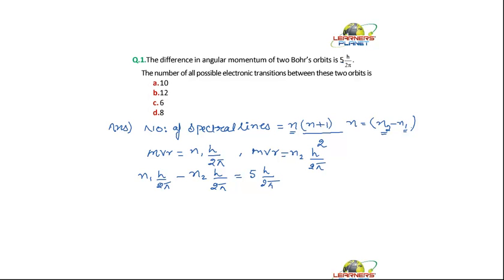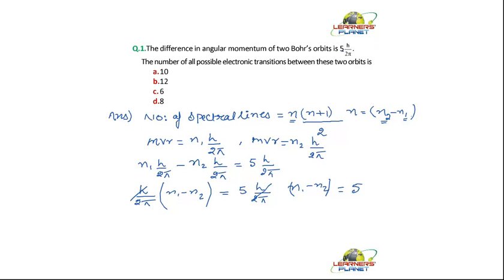Now what I can do is take h by 2 pi common here, put here n1 minus n2, and what we will get? 5 into h by 2 pi. So this can be cancelled out, and the difference we have already got, and this is what, students? 5. I told you.